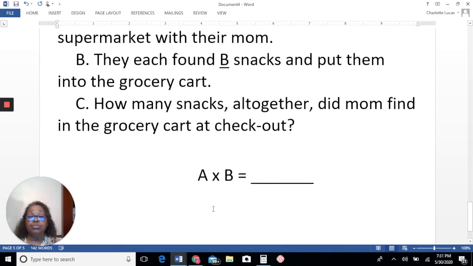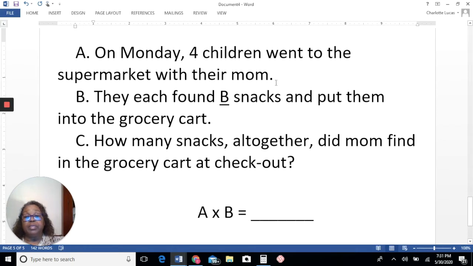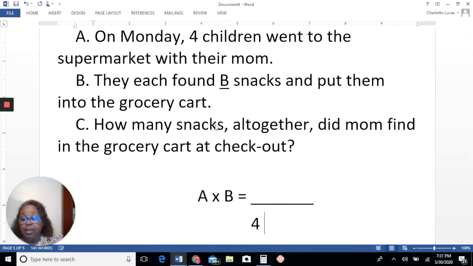What would we substitute? A would be, in this problem, A would be 4. So we would substitute 4 there, times, and what is B in this expression?